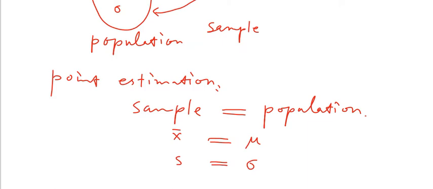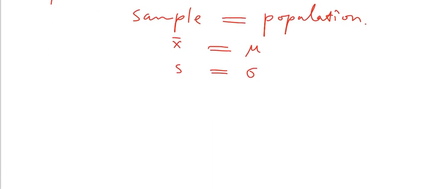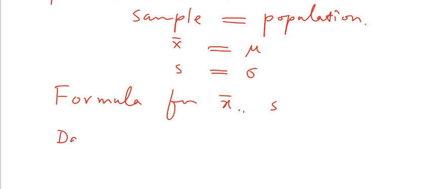For this x bar and s, we have the formula. Let's say from the data, suppose the data is just x1, x2, up to xn.